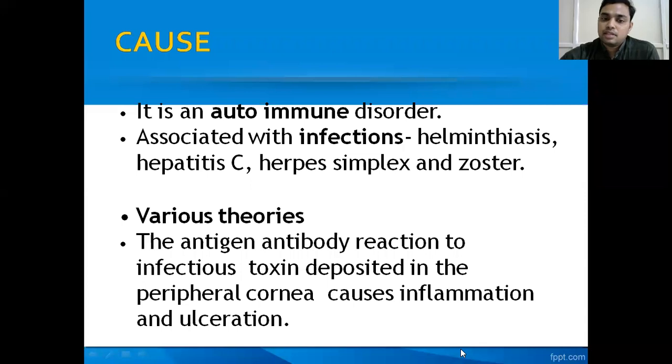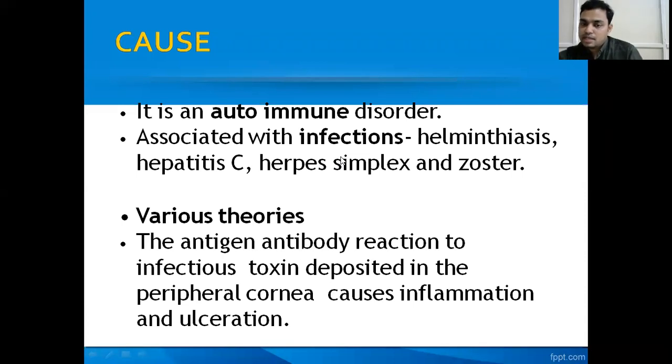There are various theories to explain the etiopathogenesis of Mooren's ulcers. Basically, there is an involvement of antigen-antibody reaction to the infectious toxins deposited at the peripheral cornea. This leads to inflammation and ulceration of the cornea.